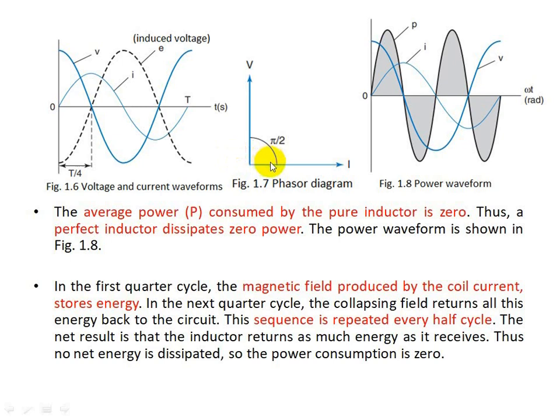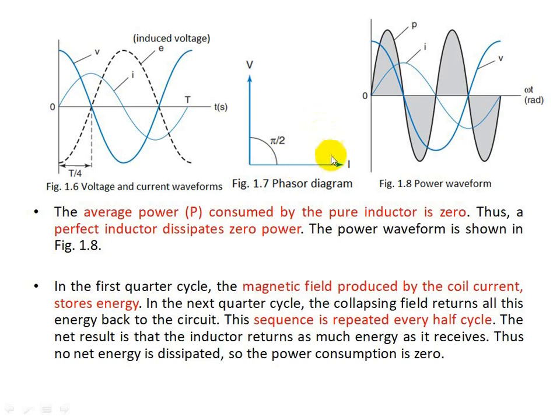So this is shown in the phasor diagram. In the phasor diagram, you can see current and voltage phasors are marked and their angle is shown as 90 degrees. Here the voltage phasor makes an angle of 90 degrees with respect to current in the anti-clockwise direction. If the angle is measured in the anti-clockwise direction, then we say that voltage leads the current by 90 degrees.